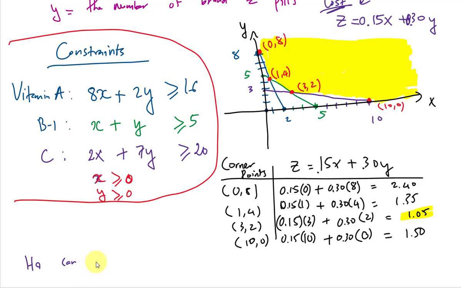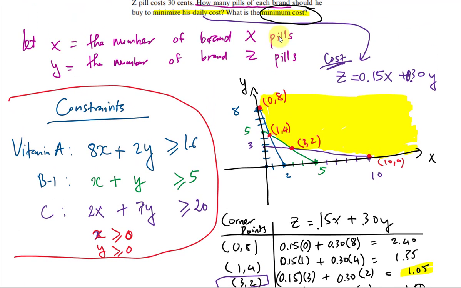He can satisfy the requirements with this amount of dollars, and he has to use what? He has to use 3 for x, 2 for y, where x is the number of brand X pills, and y is the number of brand Z pills.